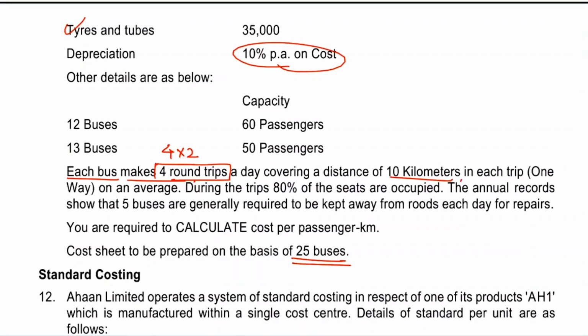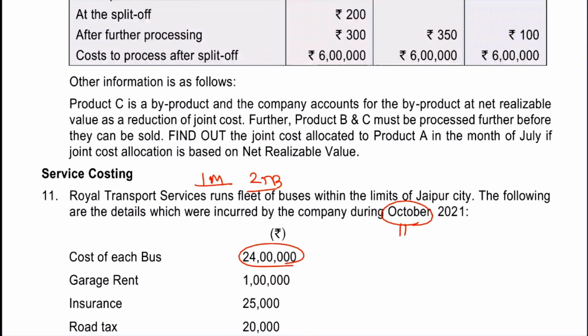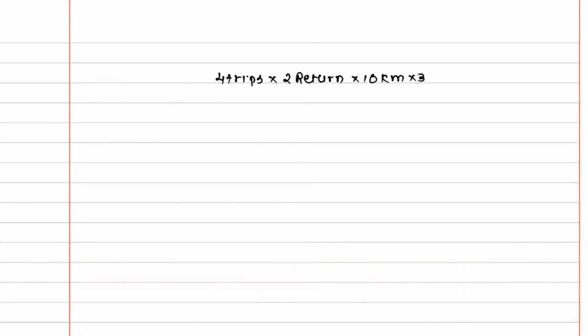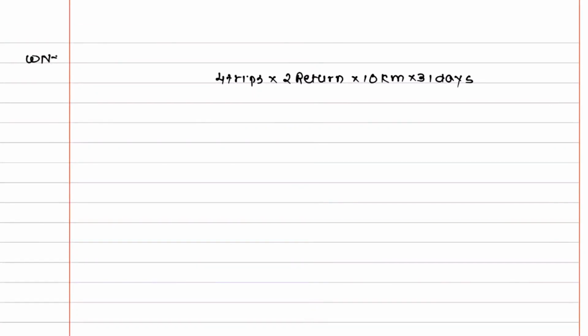Now, if I tell you this data is given for which duration? October, 1 month. So in October how many days do we have? 31. So here I can just multiply by 31 days. So this is just one working note: kilometers for one bus in 1 month.